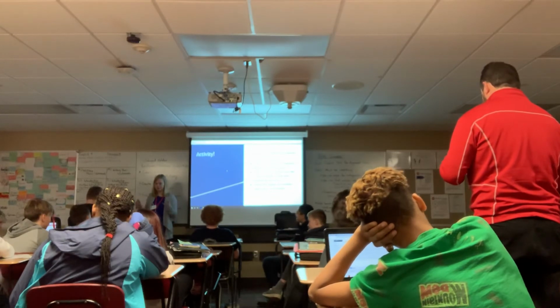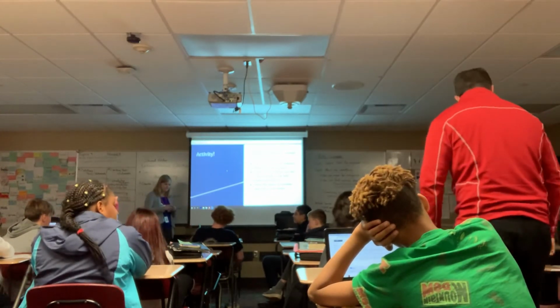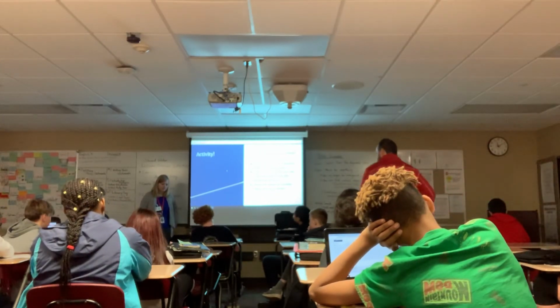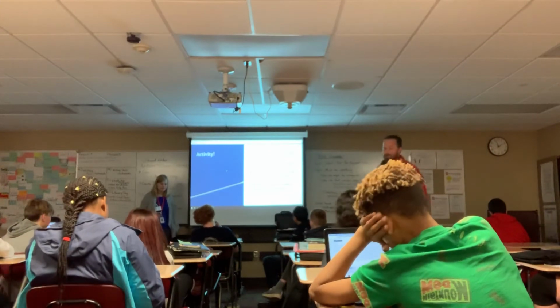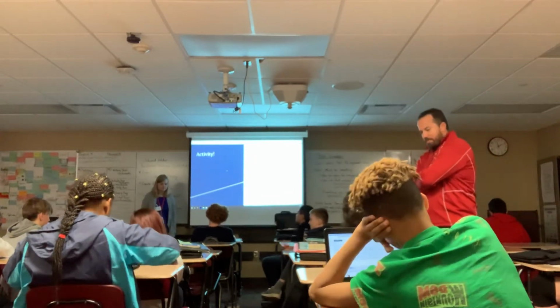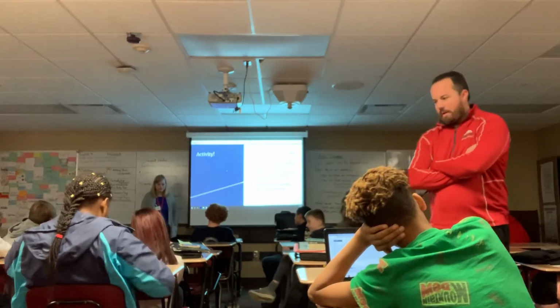Anybody else want to share at all? If the drinking age went down to 18, it would be good for the economy because more people could buy alcohol, and we could charge higher for it and then it would be good. Cool.